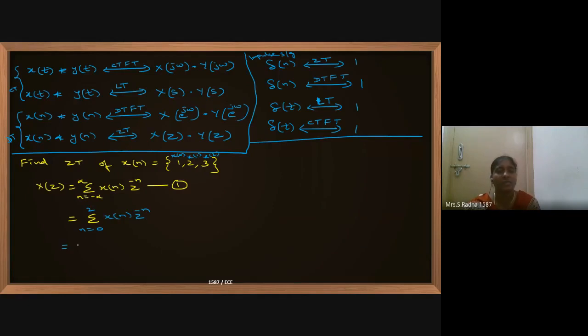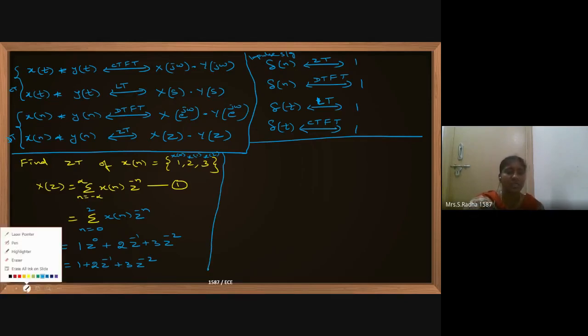If you put n equal to 0, x of n value is 1, z power 0. Next is 2 into z power minus 1, 3 into z power minus 2. So this is 1 plus 2z inverse plus 3z power minus 2. This is the way how you should do. If no arrow mark is given, you take the first element as element at origin.